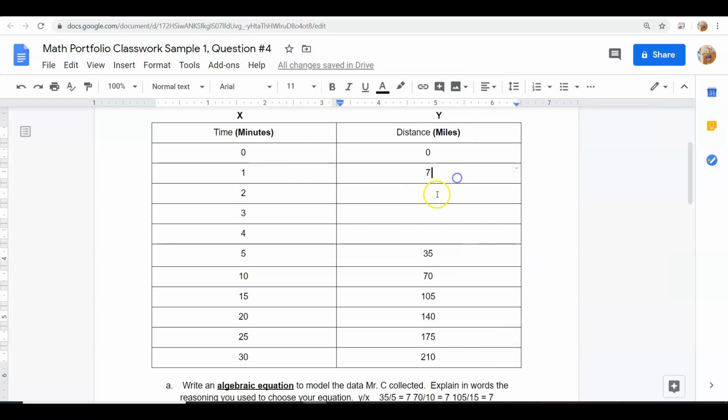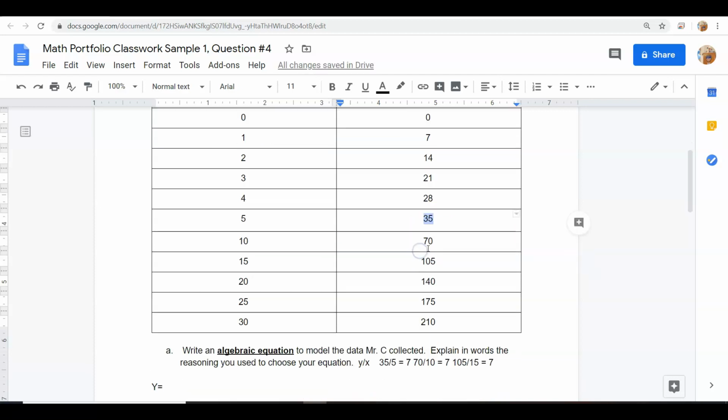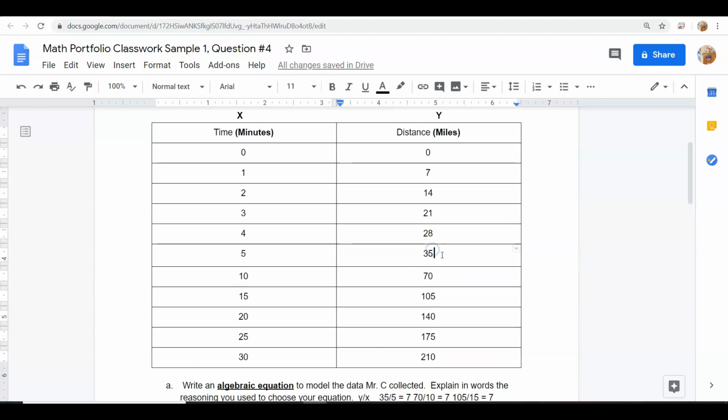So for 1 minute, 7. Plus 7 would be 14. Plus 7 more would be 21. And plus 7 more would be 28. And if we added 7 more to that, it would be 35. So we go 35 miles every 5 minutes.